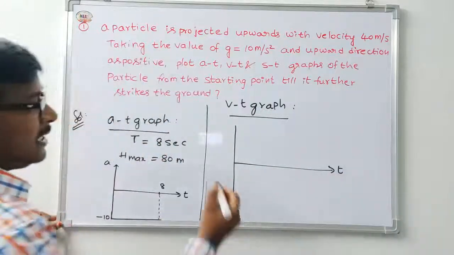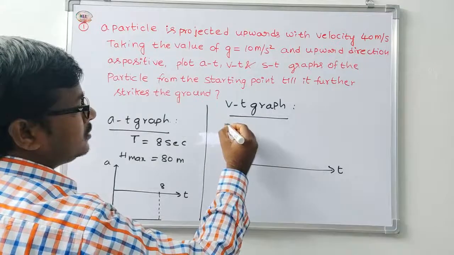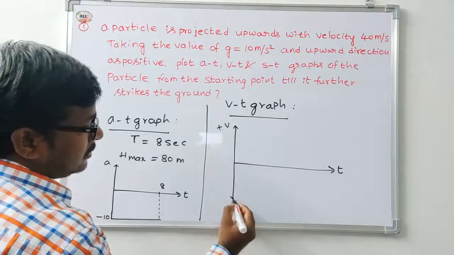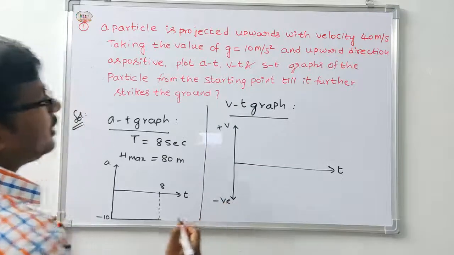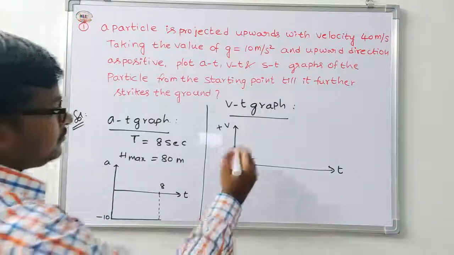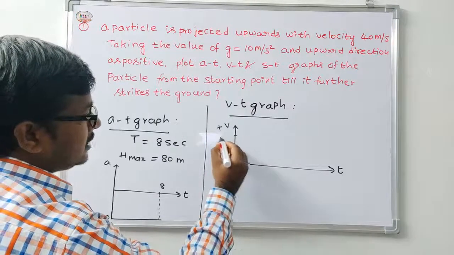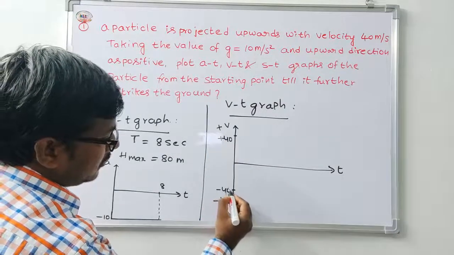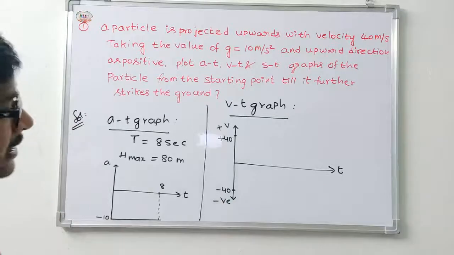Time acting along the x-axis, and upward is a positive v, so downward is a negative v. This is the positive 40 meter per second, this is the negative 40 meter per second.